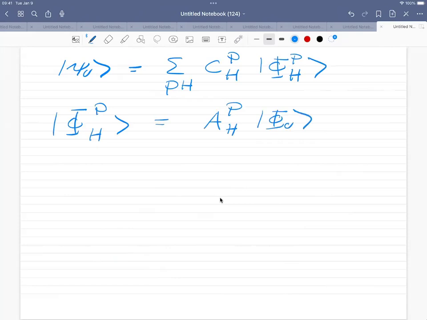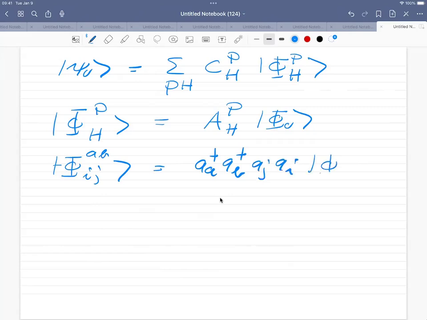So if, as an example, we have a 2-particle 2-hole excitation, then this is simply given by a dagger a, a dagger b, a j, a i, acting on phi 0. So for this specific example, it means that this operator is given by this set of creation and annihilation operators. Okay? So this is just a compact way of setting up the definitions of all the possible determinants which we have.